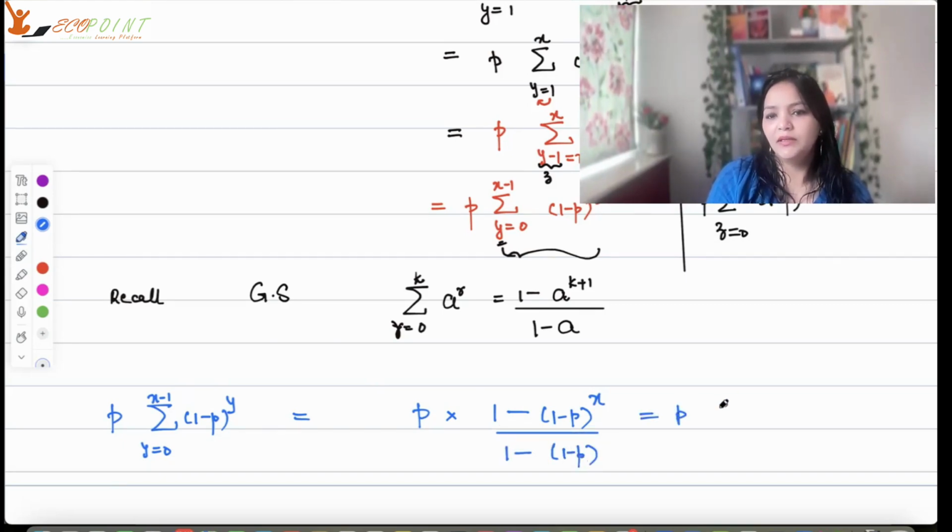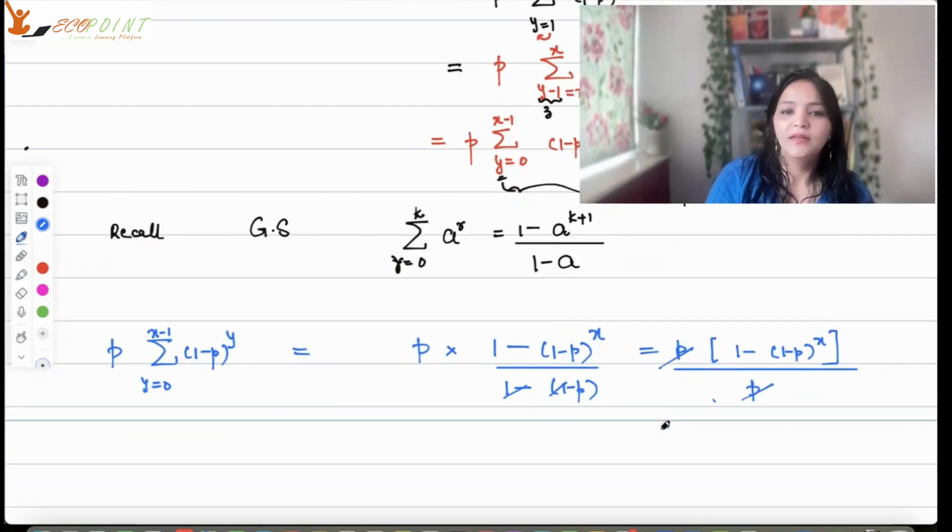So this will be p multiplied by 1 minus (1 minus p) to the power x, whole thing upon, 1 minus 1 cancels and you are left with p. p and p cancel. Basically what you get is 1 minus (1 minus p) to the power x.